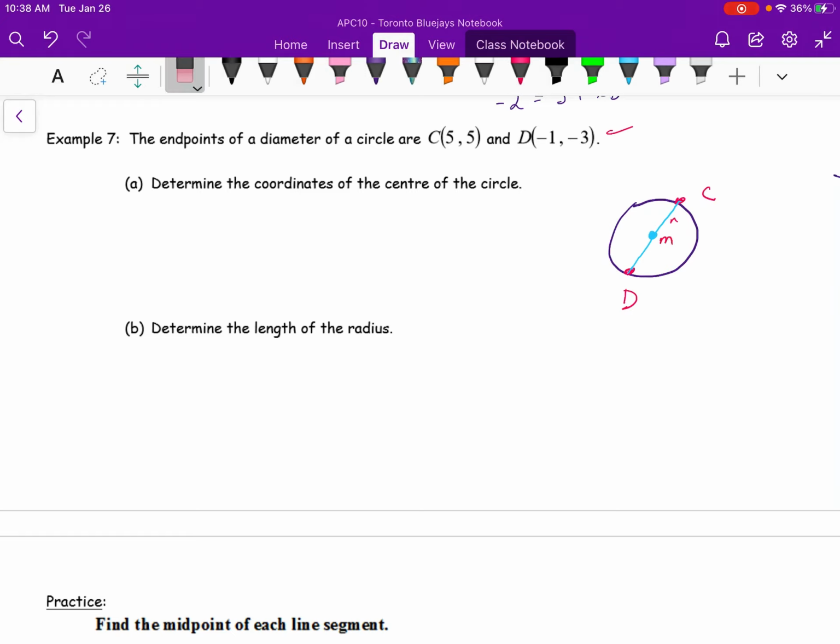The midpoint. And the radius is the distance from the midpoint, or the center of a circle, to the edge, which would be r. All right, determine the coordinates of the center of the circle. Well, it's just really the midpoint of this.